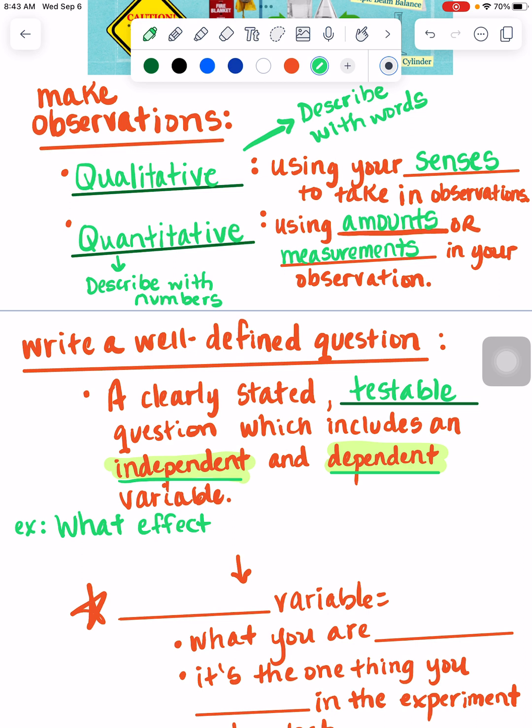What effect does pH of water have on radish seed growth? I'll let you write that in. What effect does pH of water have on radish seed growth?